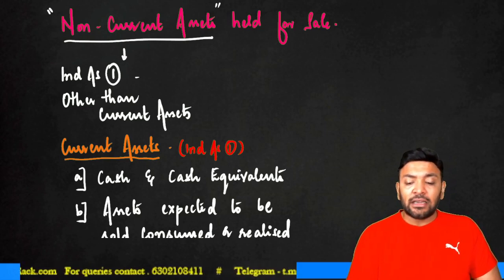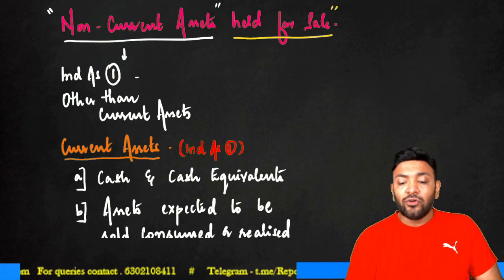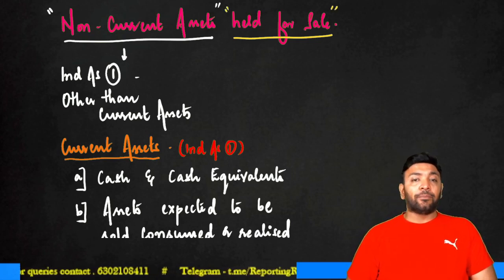Then what about this part, held for sale? When do you call that an asset is held for sale?